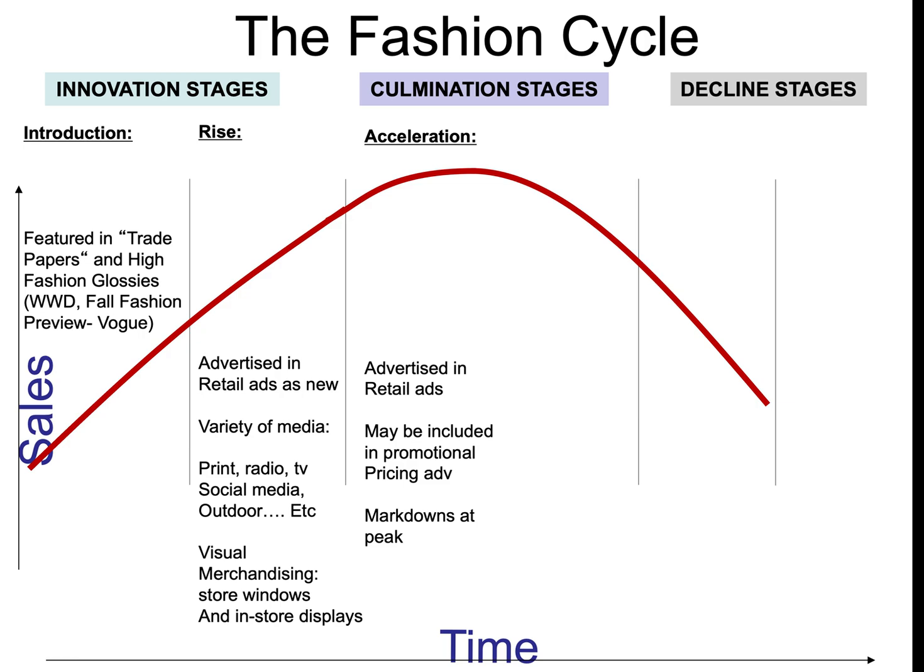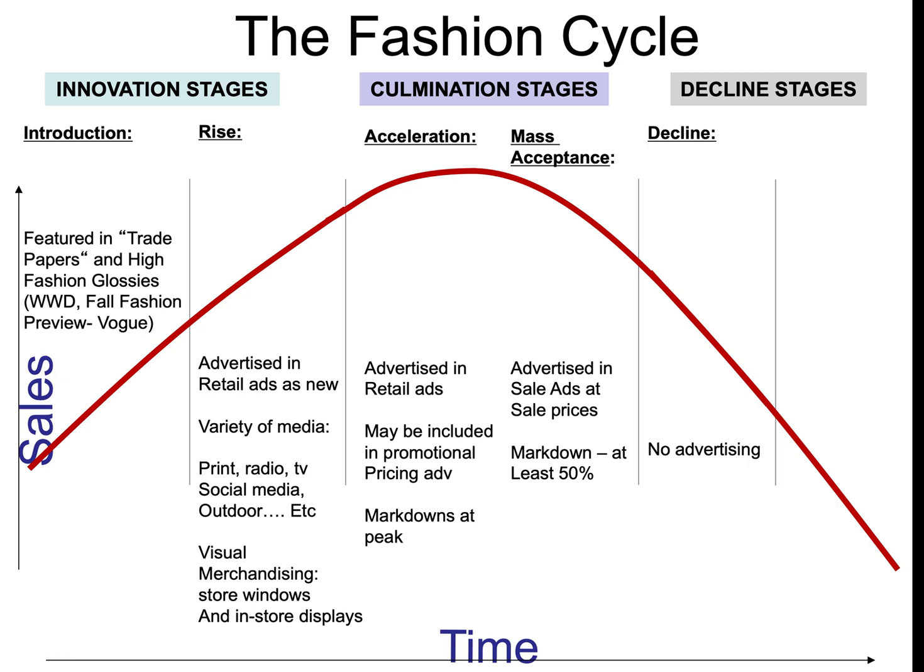So like take 20% off on Labor Day kind of thing. And then we're going to start seeing markdowns here as well. Okay. By the time we get into this last phase, we're at least at 50% markdown. As we get into the decline, there's no advertising, no reason to, and obsolescence, nothing's happening.